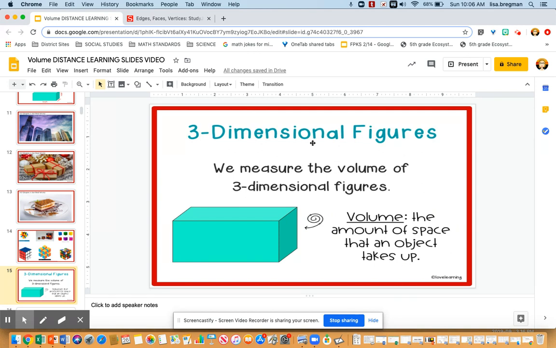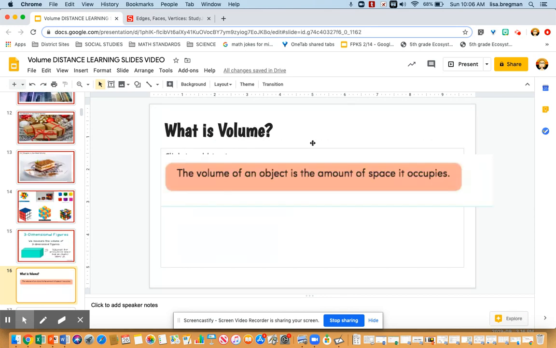So three-dimensional figures. We measure the volume of three-dimensional figures. Volume, copy this down please, is the amount of space that an object takes up. So again, the volume of an object is the amount of space it occupies or takes up.